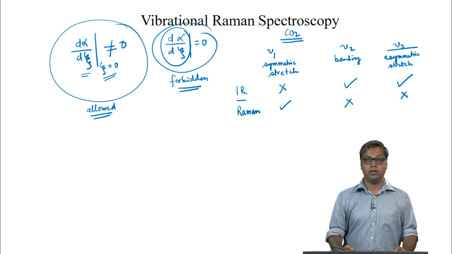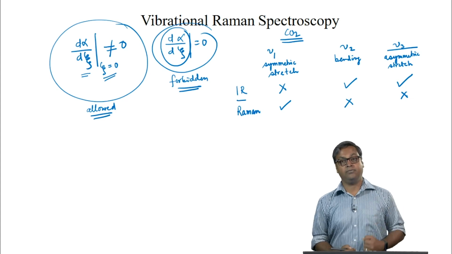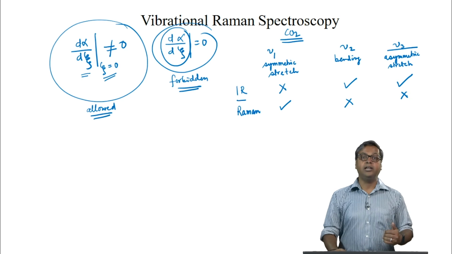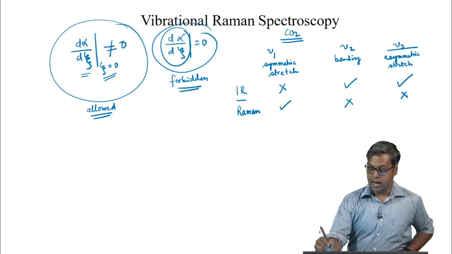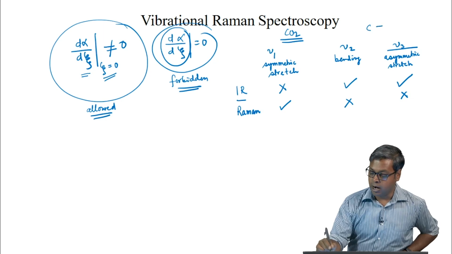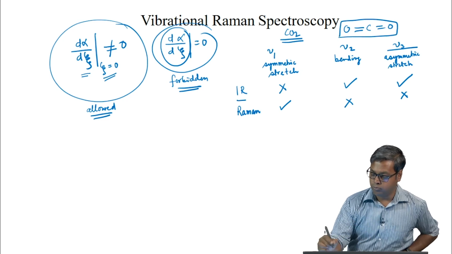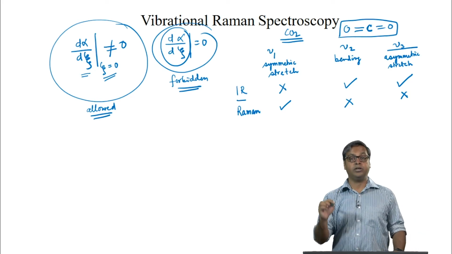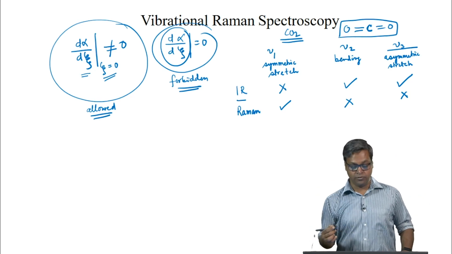vice versa. That the IR active modes are Raman inactive and vice versa is a general rule valid for all centrosymmetric molecules, and we can see this in carbon dioxide, which is O double bond C double bond O. C is the central atom, so this is a centrosymmetric molecule, or a molecule which has an inversion symmetry.